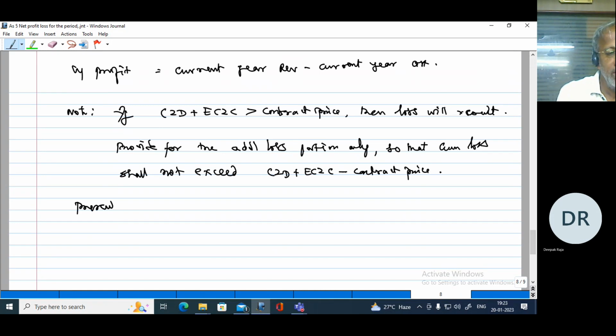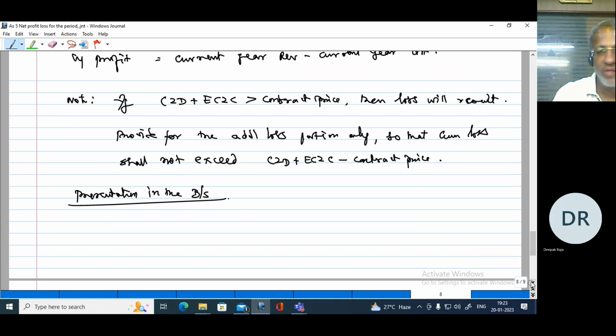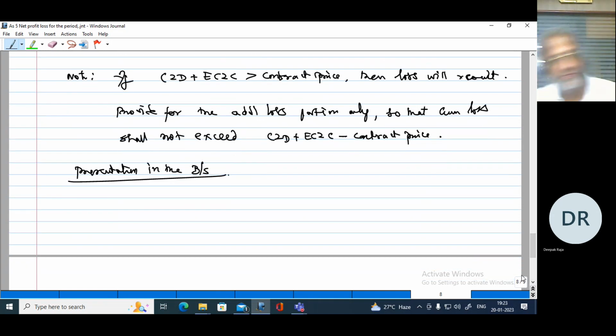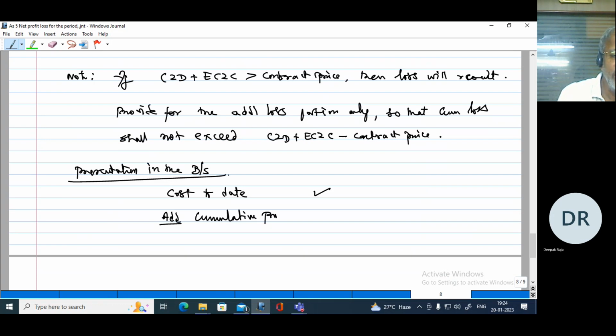Then presentation in the balance sheet. Cost to date, add cumulative profit, less cumulative loss.